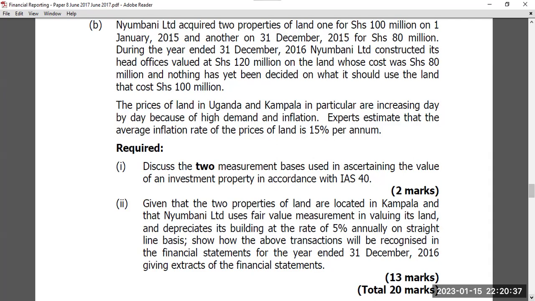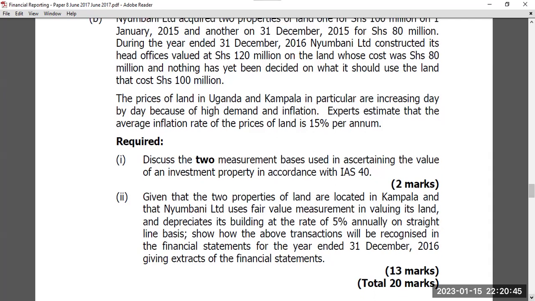Those are basically the things they wanted there, but my interest is in this Roman 2, which says, given that the two properties of land are located in Kampala and that Nyumbani Limited uses a fair value measurement in valuing its land.